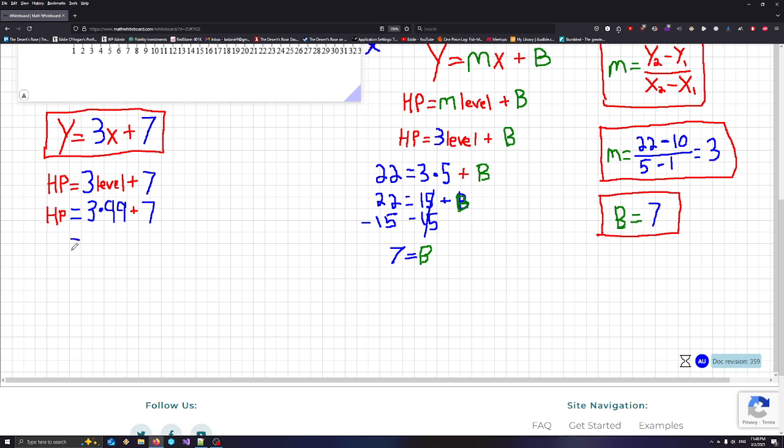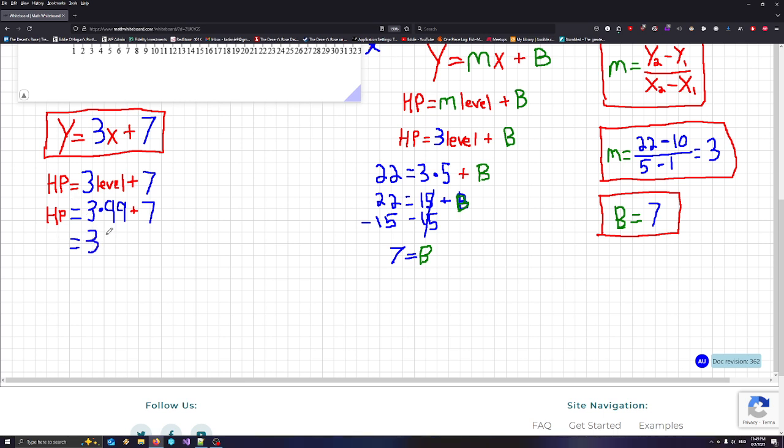So HP would then be equal to, on my trusty manual Texas Instruments scientific calculator I have. I like using that because it's easier than pulling up the calculator in Windows sometimes. So 3 times 99, 297, plus 7, 304.